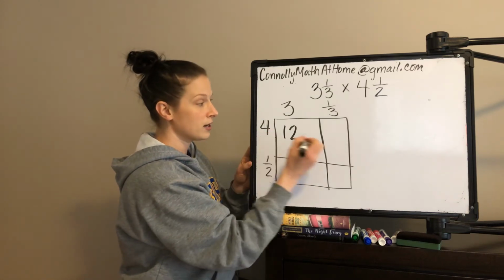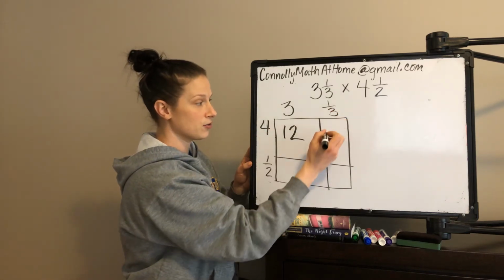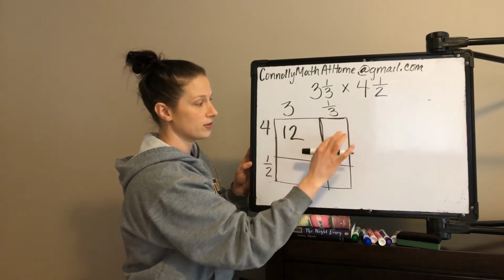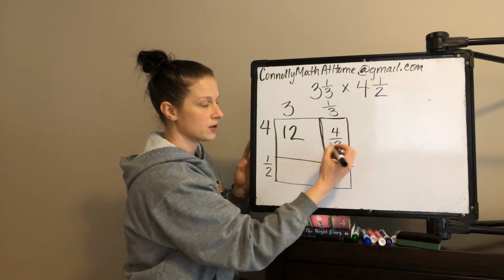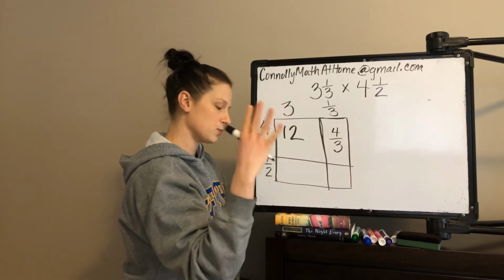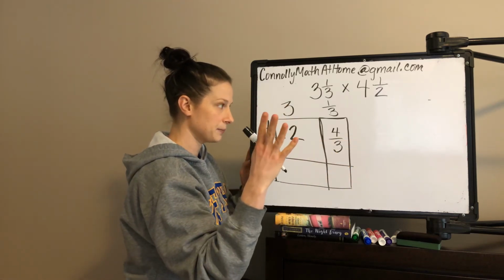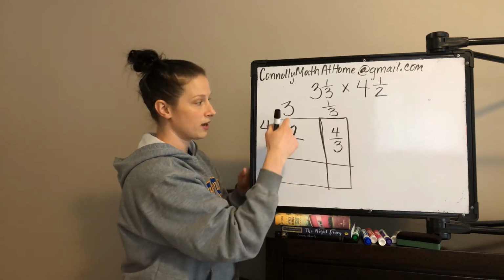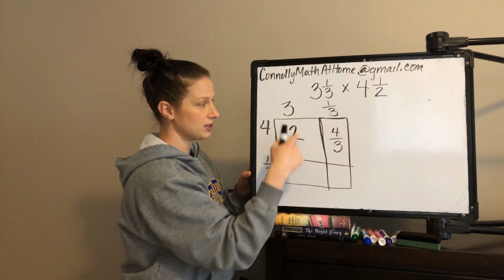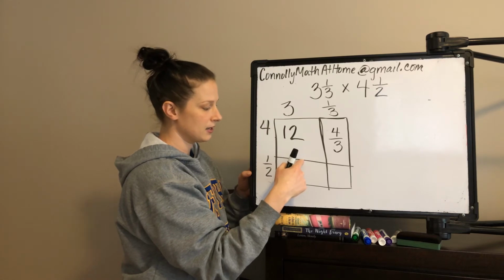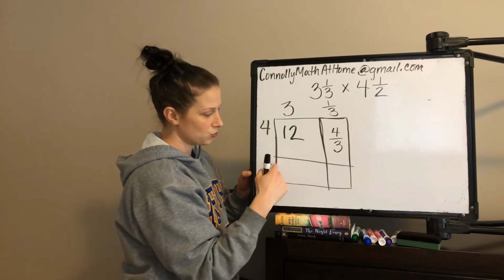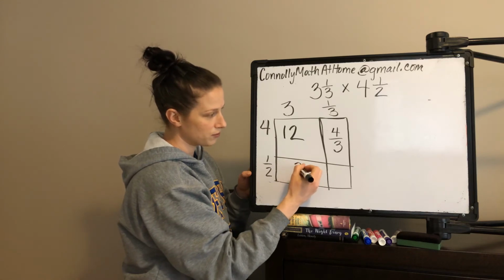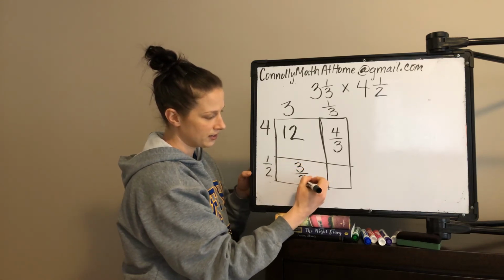So 4 times 1/3, so 4 groups of 1/3, we know would be 4 thirds. 1/3 plus 1/3 plus 1/3 plus 1/3, 4 thirds, okay? Then we come down here and we know opposite sides are equal, so it's 3 times 1/2, that would be the area, length times width. So 3 times 1/2 would be 3 groups of 1/2, which is 3 halves.